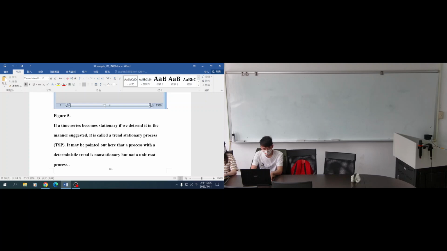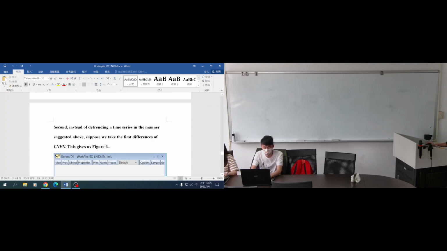So a trend stationary process, before detrending, is still non-stationary, then after detrending it becomes stationary. This is different from a unit root process. The unit root process is to check whether it is stationary or not.